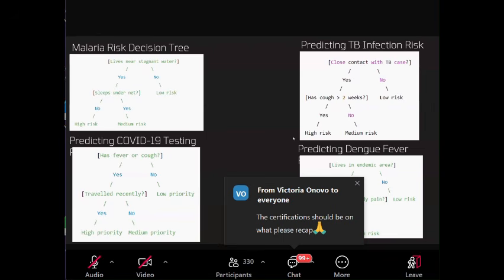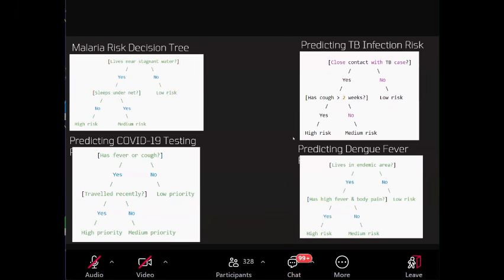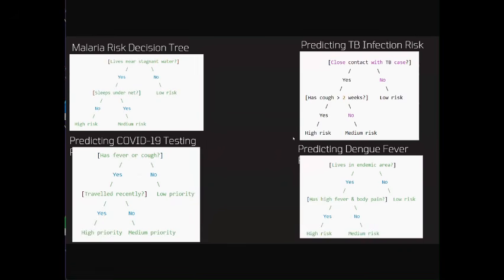The certification should be on your skills, things you know how to do well. For example, you are a laboratory technician. You know how to do phlebotomy very well. The only certificate you have is the fact that you did BSc medical laboratory.